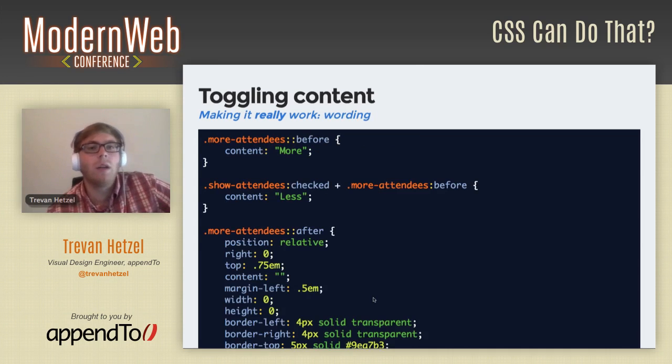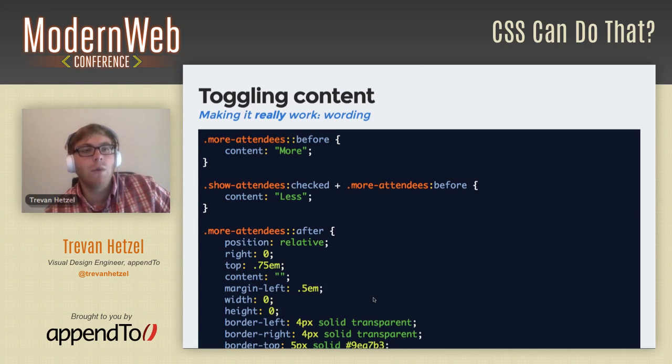And then the wording. Currently it's just a label, and that label wraps the word more. Well, obviously when the rest of the items are shown, you don't want to say more, because that makes no sense. So I didn't show this with HTML, but we're basically going to remove that text from the HTML.